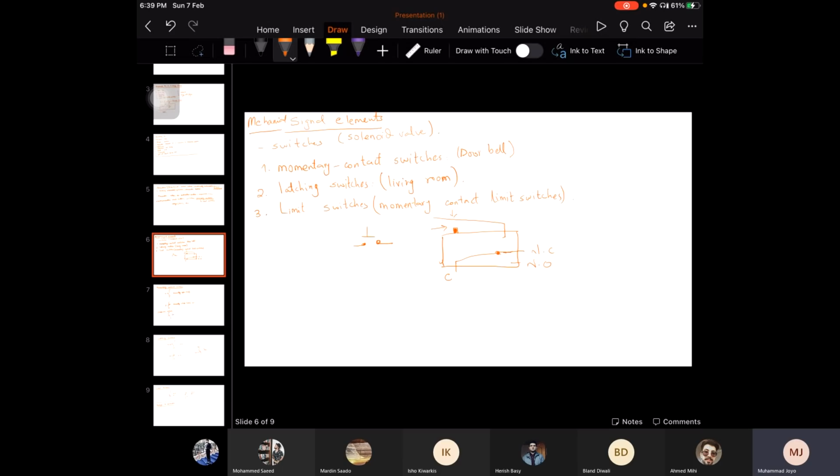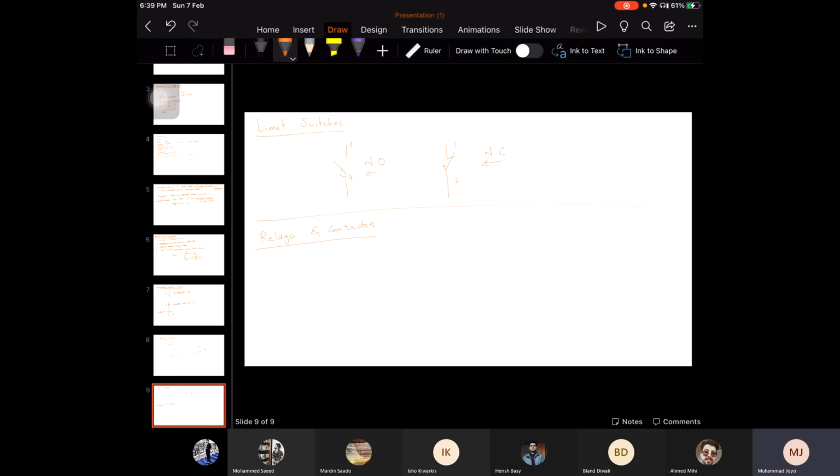So we learned about both of them basically, right? But for electro-pneumatics symbolic representation, for the relays or for the contactors, we will be using this symbol.